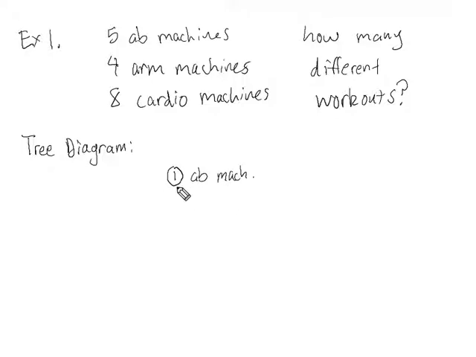So let's just say we pick ab machine 1. Then from here, we would have 1, 2, 3, 4 different arm machines that we could pick. So I'll use a square box to represent arm machines.